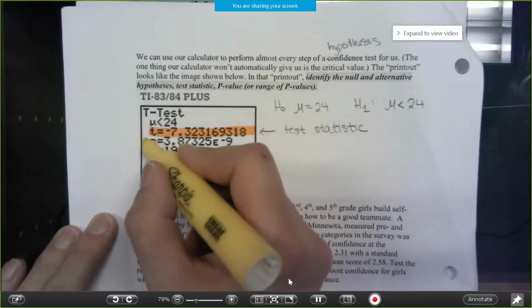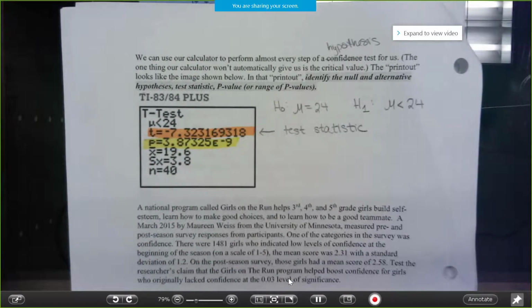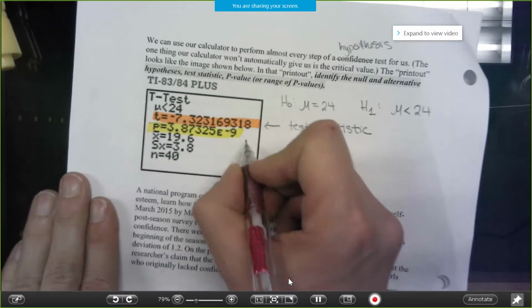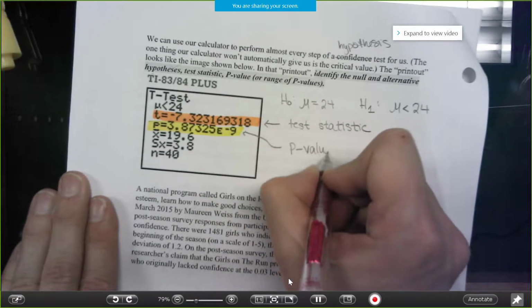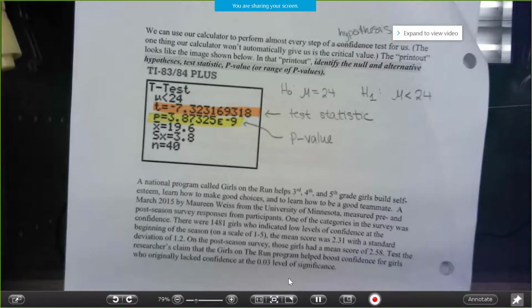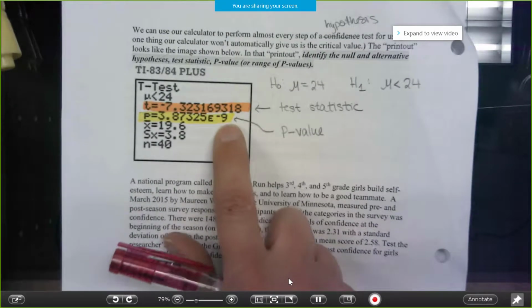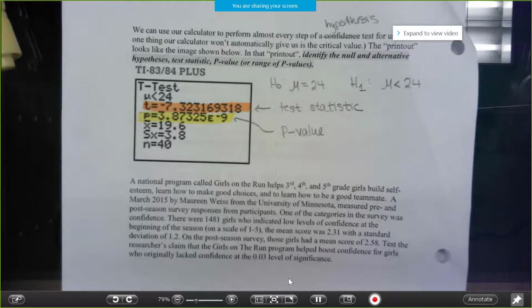The p-value is the next one. The p-value, remember, is the probability of getting the results we got if the null were true. So with this e negative 9, that would mean there's almost a 0% chance.